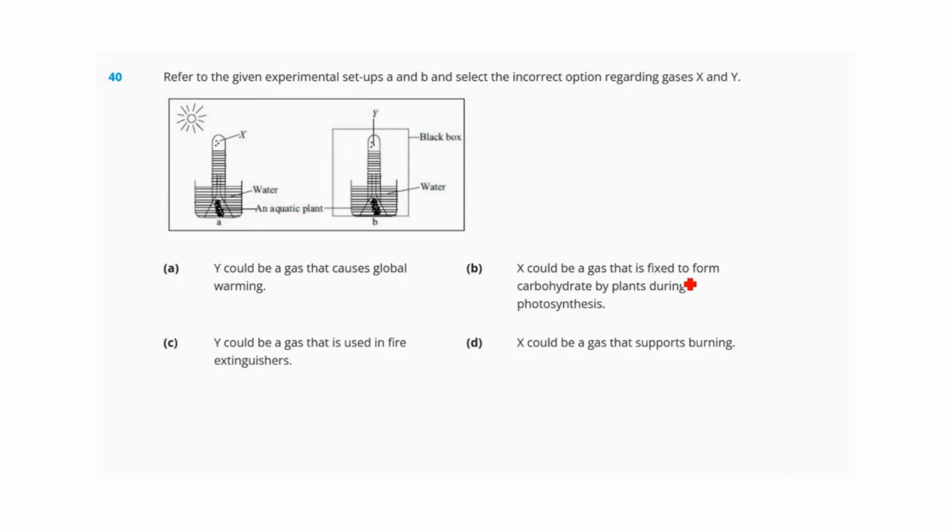X could be a gas that is fixed to form carbohydrate by plants during photosynthesis. This is oxygen.